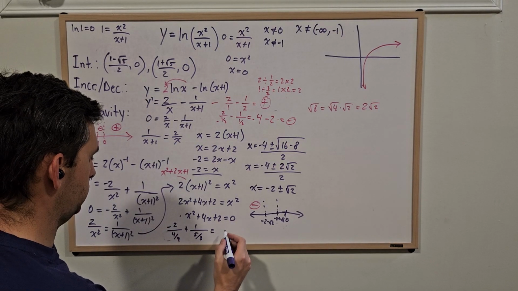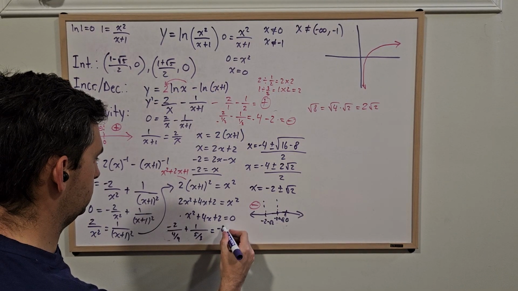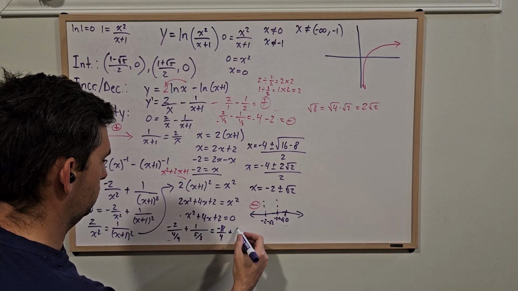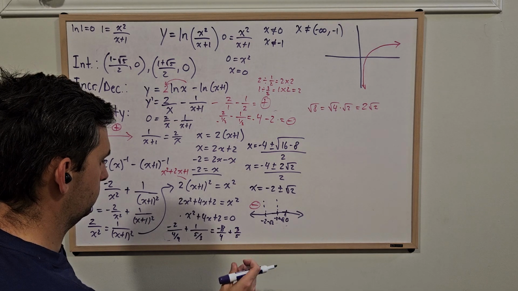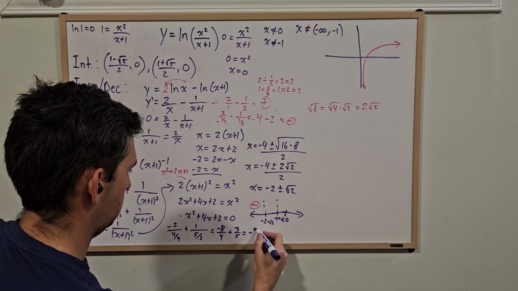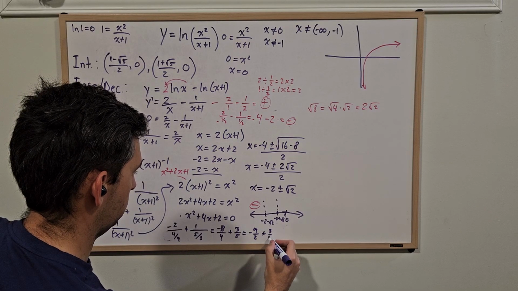Okay, and that's going to be negative 18 over 4 plus, it's going to be 3 over 5. Well, this is going to be negative 9 over 2 plus 3 over 5.